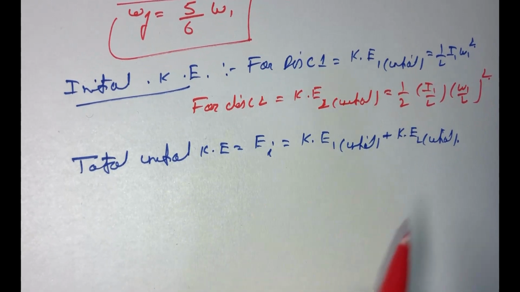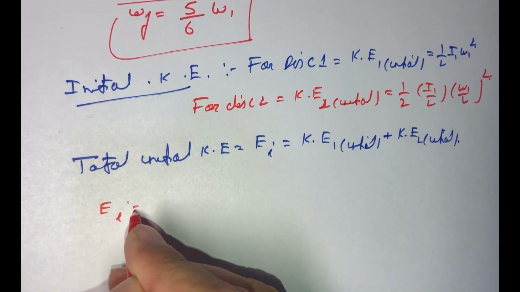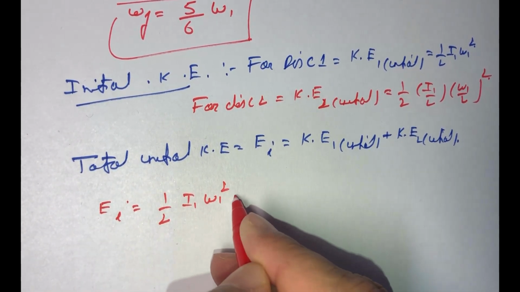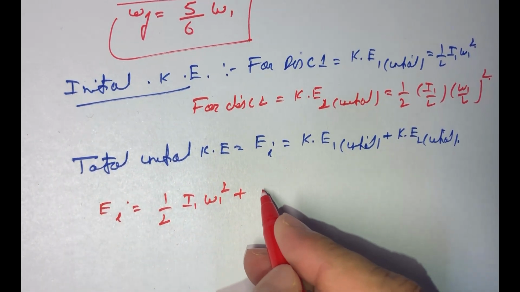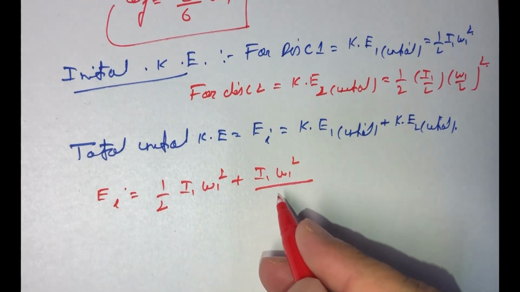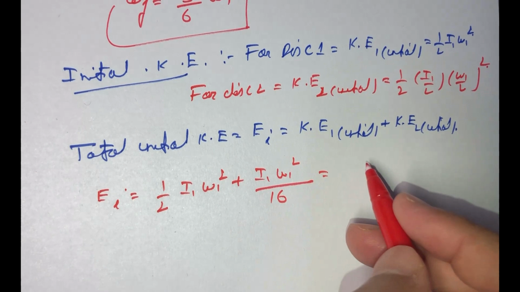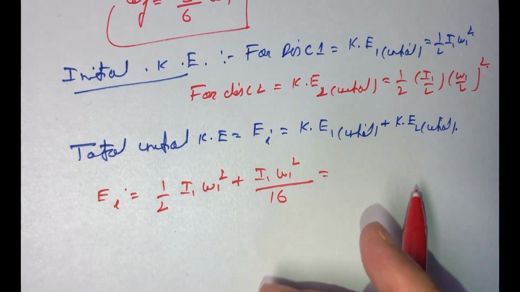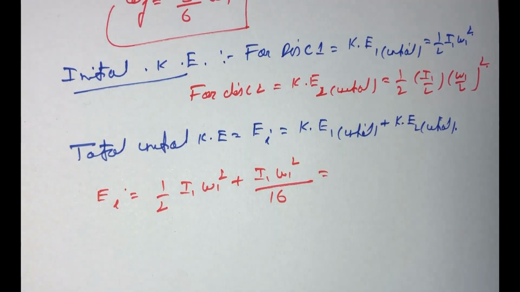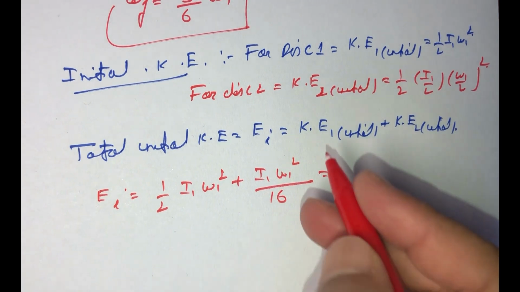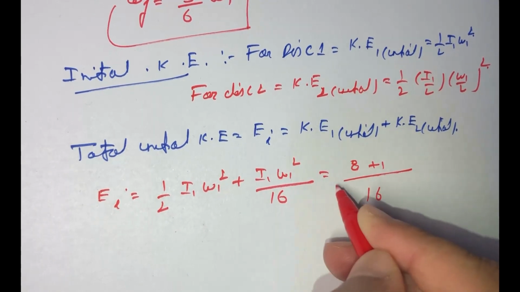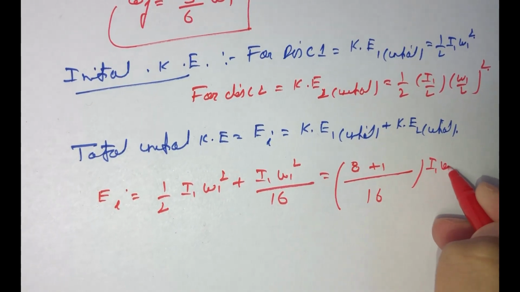Therefore EI is equal to 1/2 I1 omega 1 square plus I1 omega 1 square divided by 8, and this will be over 16. Taking 16 as LCM, this will be 8 plus 1 times I1 omega 1 square.